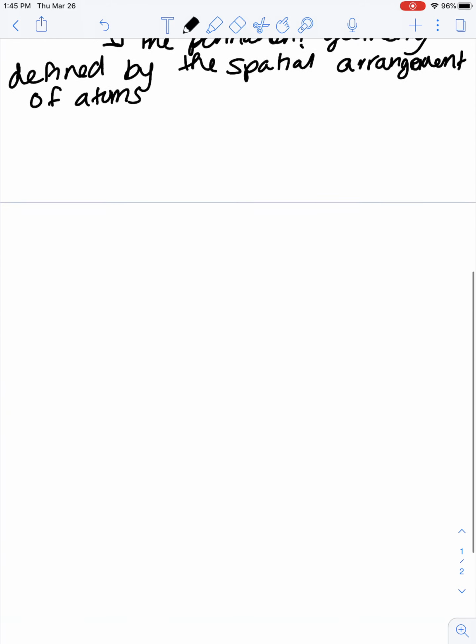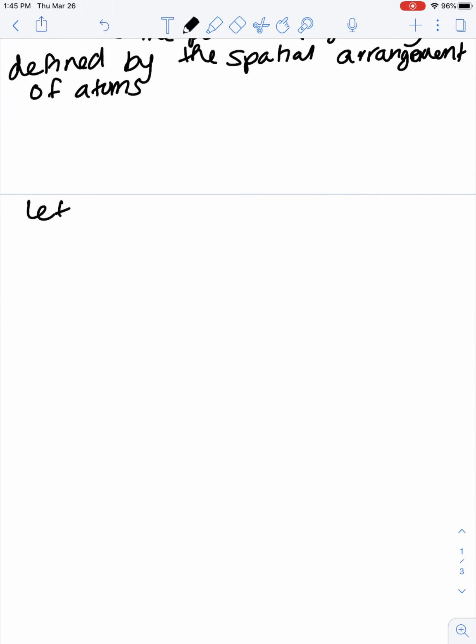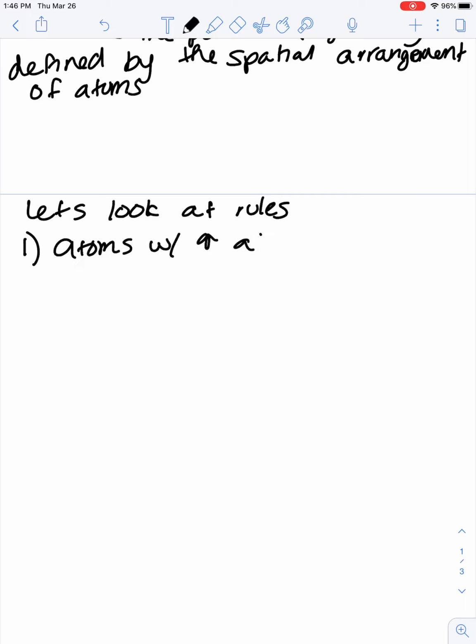So let's look at the actual rules, the CIP rules. The first rule that we're going to look at: atoms with higher atomic number have higher priority.